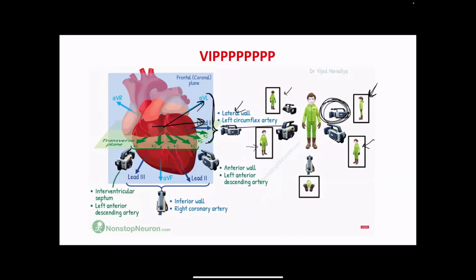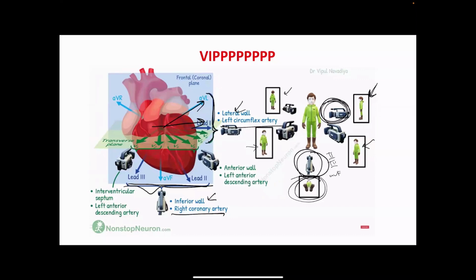Now, leads 2, 3, and AVF over here give you the inferior wall of the heart, which is supplied by the right coronary artery. Like we said, many leads can show you the inferior side, but lead 2, 3 and AVF give you a really clear image of it. That's why we depend on these 3 leads to look at the inferior wall of the heart, okay?